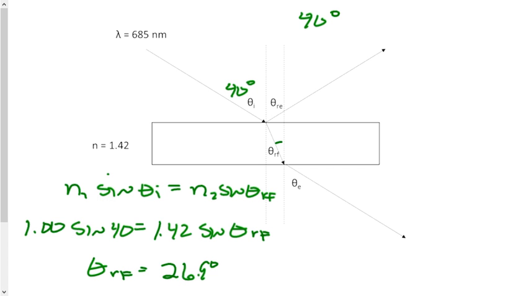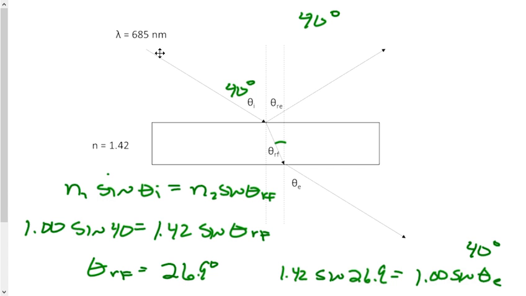So I'll just do a little mark here. That's our theta incident there. So we're going to reverse this. So we're going to have 1.42 times the sine of 26.9 equals 1.00 sine of theta emerging. And we're going to find out that it's 40 degrees.